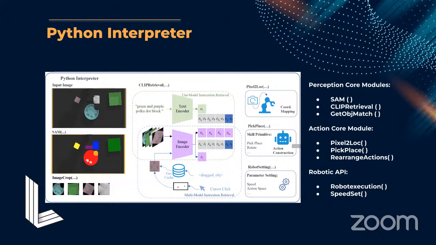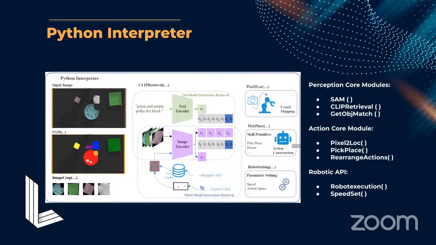Then the system gains a visual understanding of its manipulation environment using perception models. The framework leverages off-the-shelf visual foundation models, specifically the SAM and CLIP models that Tanya talked about, and they are accessed by the LLM via two designated APIs that I've listed here, the SAM function and the CLIP retrieval function.